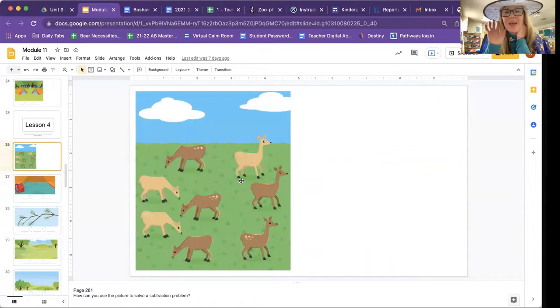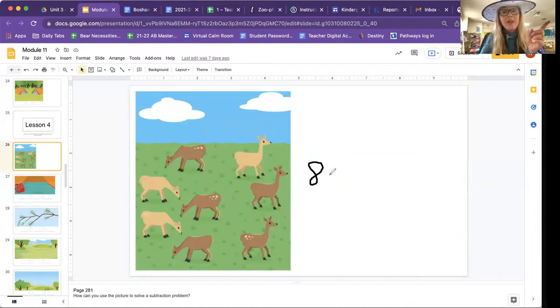So I'm going to go ahead and count, because when we have subtraction, we're going to start with our whole group, all of them. So let's count here. 1, 2, 3, 4, 5, 6, 7, 8. I have 8 deer. And even though it doesn't say to write an equation, I always find it easier if I write the number. I counted them all, 8.